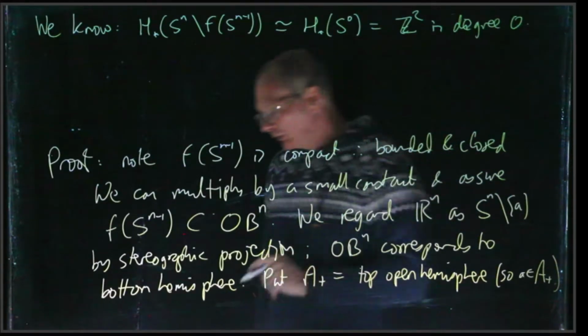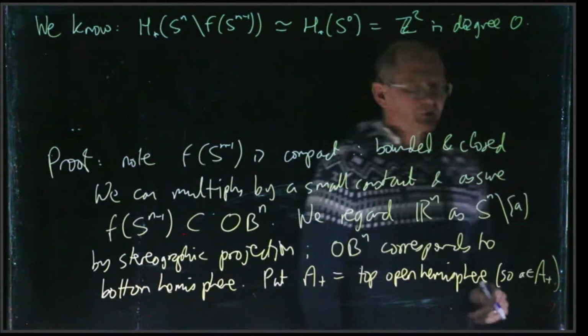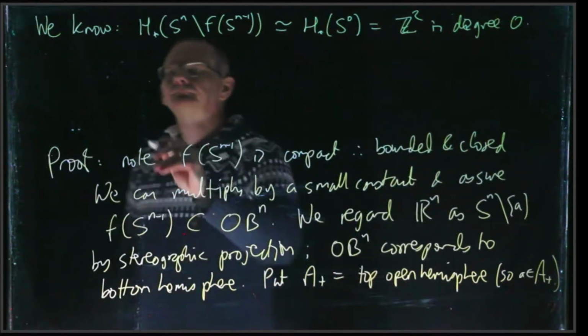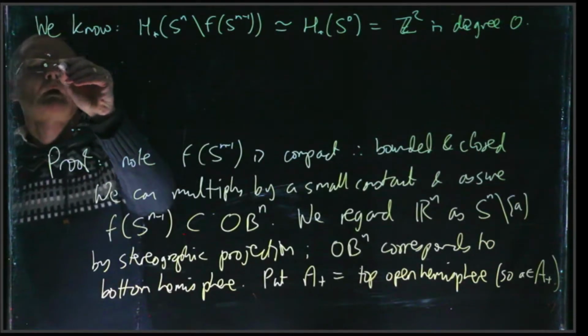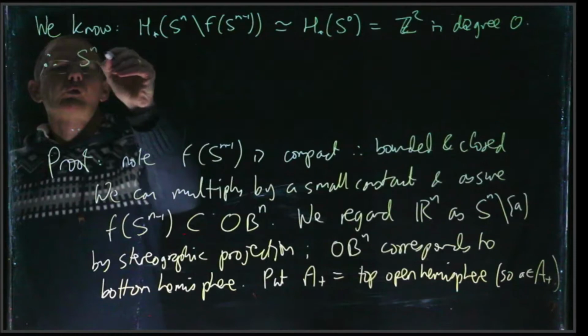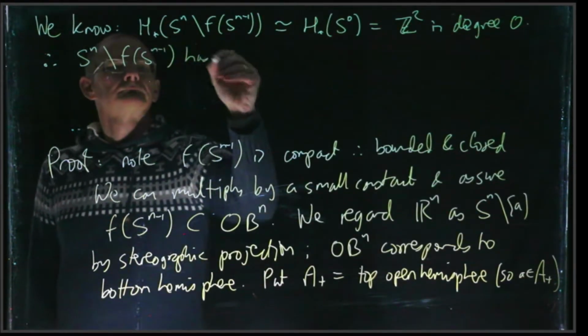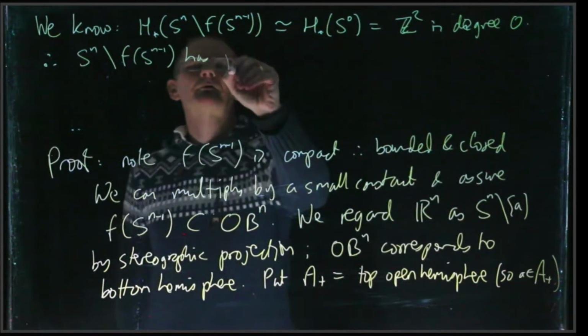Okay, so all you've got is 2 copies of Z in degree 0, and all the other homology groups are 0. And so it follows that this has precisely 2 components.